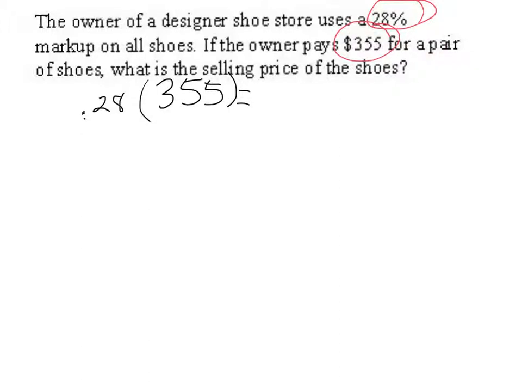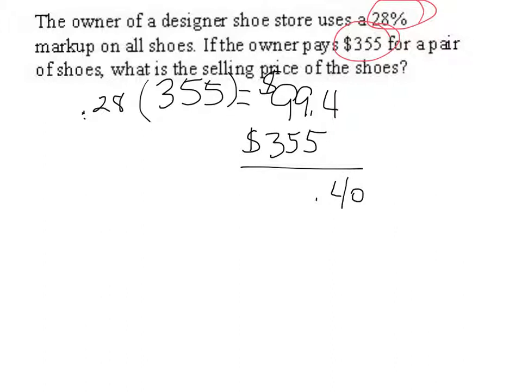Okay, so he's marking his shoes up a measly $99.40. And we need to add that to the original price of $355. So the people that can afford to are going to pay $454 for that pair of shoes. Good night.